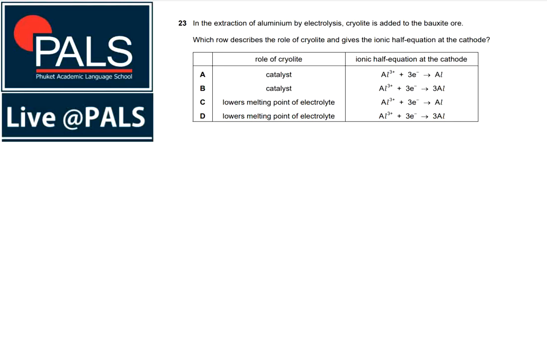So we can already remove choices B and A. However, the ionic half equation at the cathode is this equation, not this equation. So the correct answer for this is letter C.